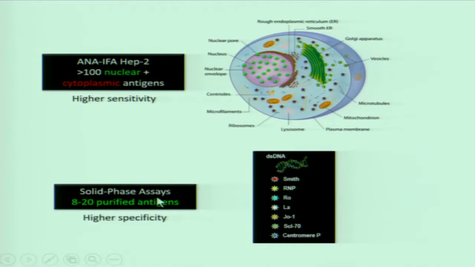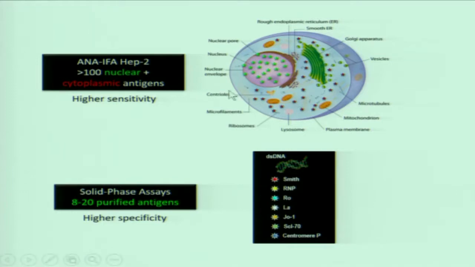Then you have the solid phase assays, where, depending on the company and the test, you have from 8 to 20 purified antigens in a solid phase assay, okay? So they are less sensitive, because if you have antibodies against other antigens, it's going to be negative, that you could detect by immunofluorescence.